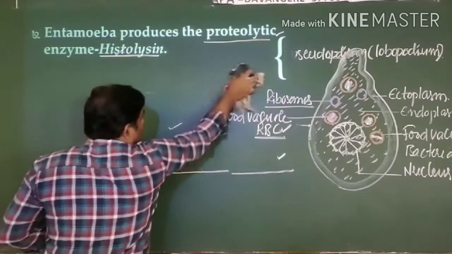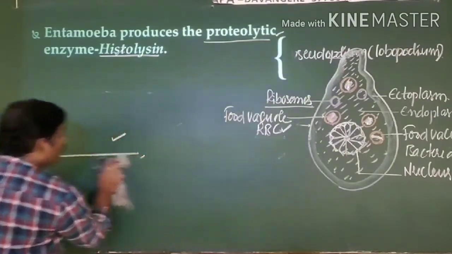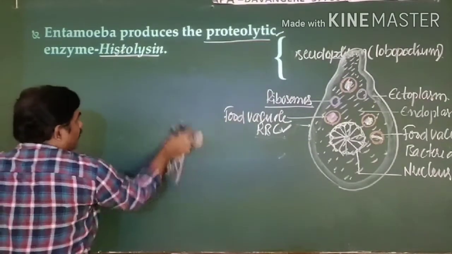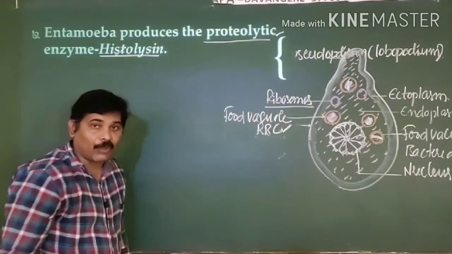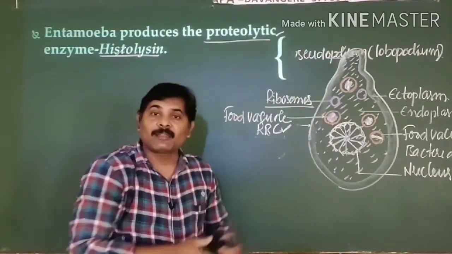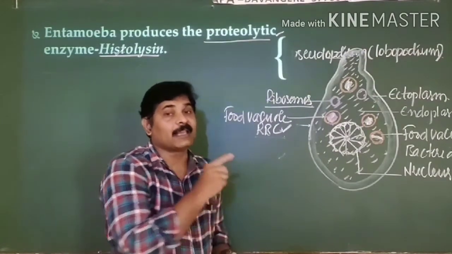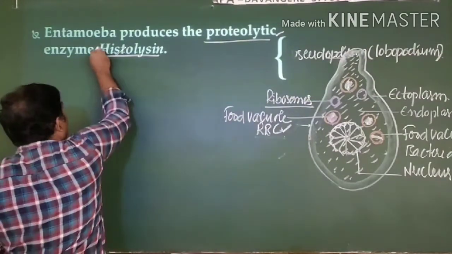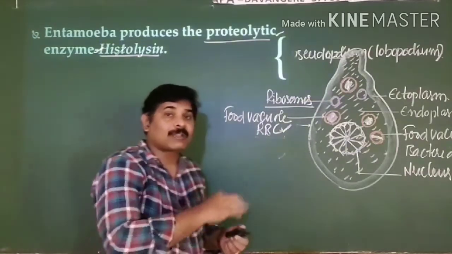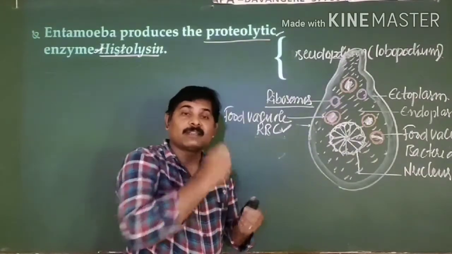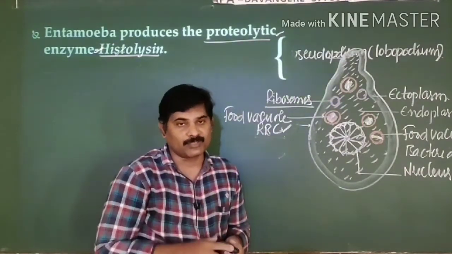That is the reason why the name Entamoeba histolytica is assigned. In the introduction of this concept, I said why it is given the name Entamoeba histolytica: because it releases an enzyme known as histolysin, which can dissolve the tissues within the mucosa and submucosa of your large intestine.